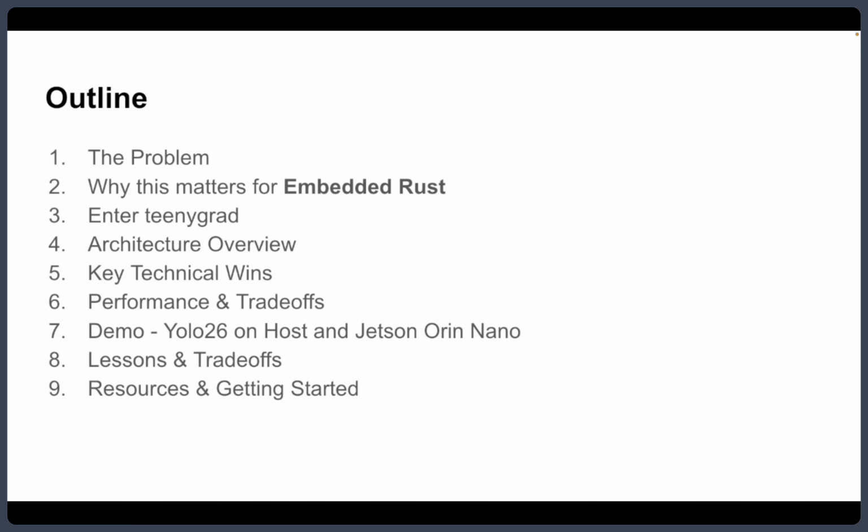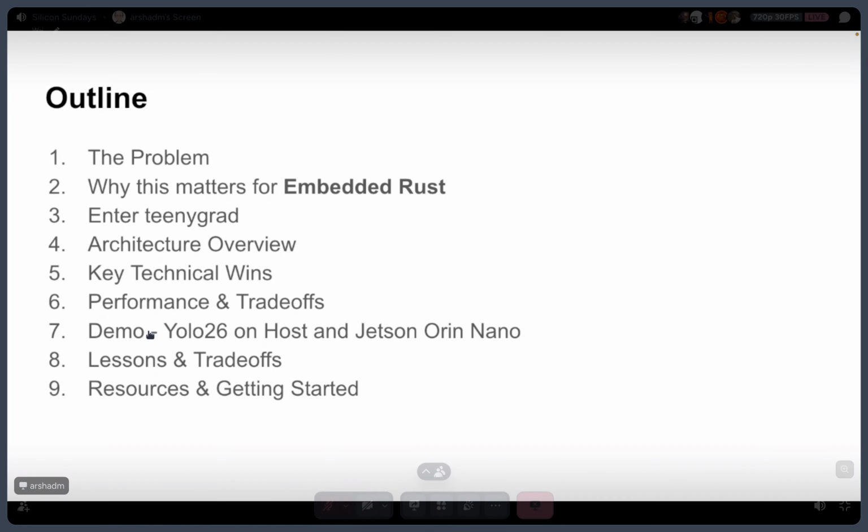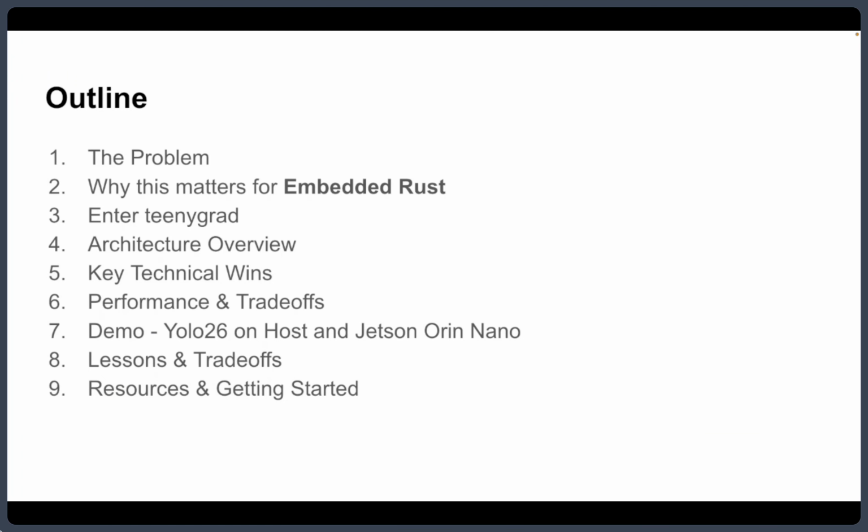Then I'm going to do a demo with YOLO 26, one of the newer vision models, built and then cross-deployed to a Jetson Nano, and running on the Nano with an AI demo, which is the parking garage demo. Then I'll give some lessons, trade-offs and some resources at the end. So that's the outline of this talk.